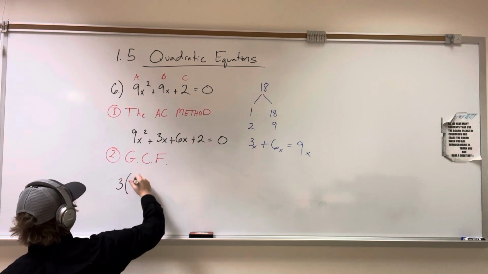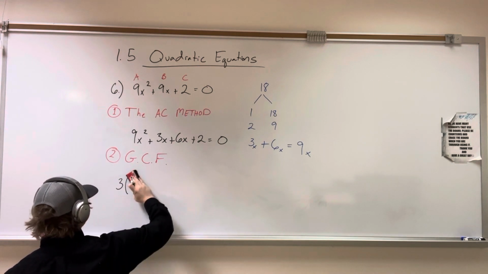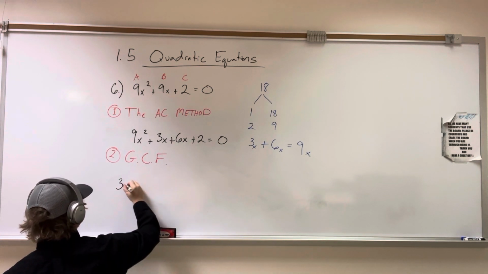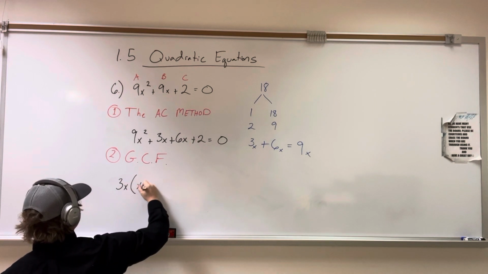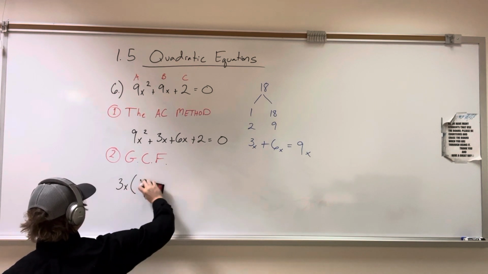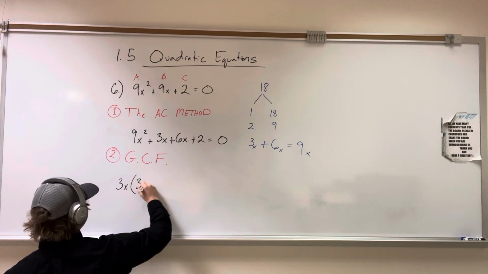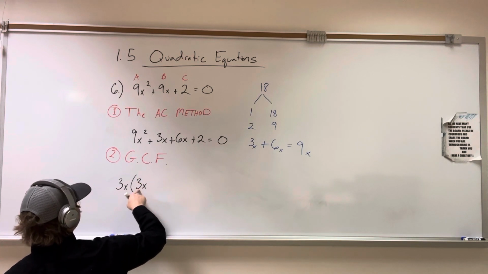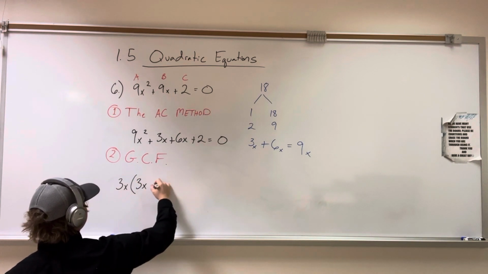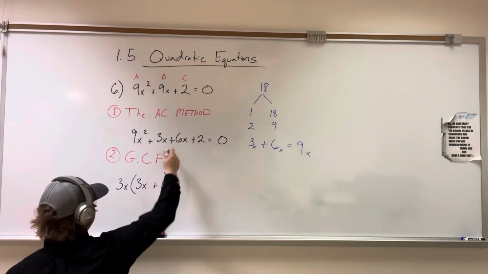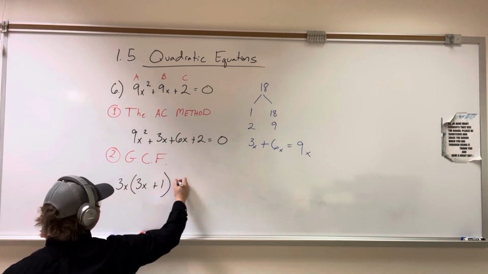I pull out a 3 and an x, and we're left with a 3x and a 1. If you multiply that, you get 9x squared plus 3x. That term in the middle, bring it on down.